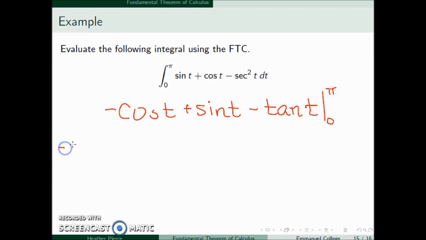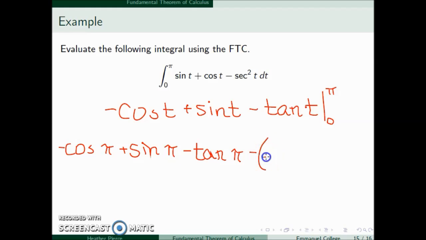So this is negative cosine of pi plus sine pi minus tangent pi. And then we'll subtract evaluating this at 0.